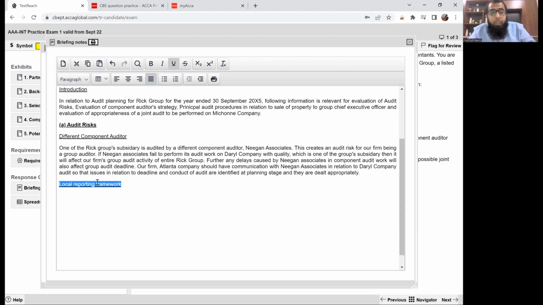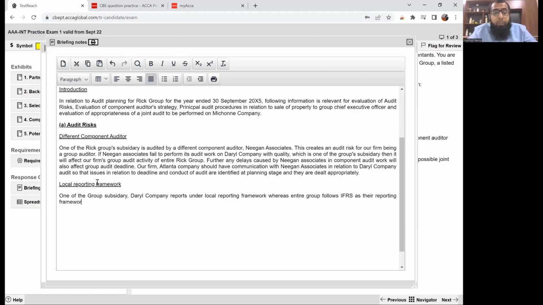Now, one of the group subsidiary, Darrell Company, reports under local reporting framework, whereas entire group follows IFRS as their reporting framework.